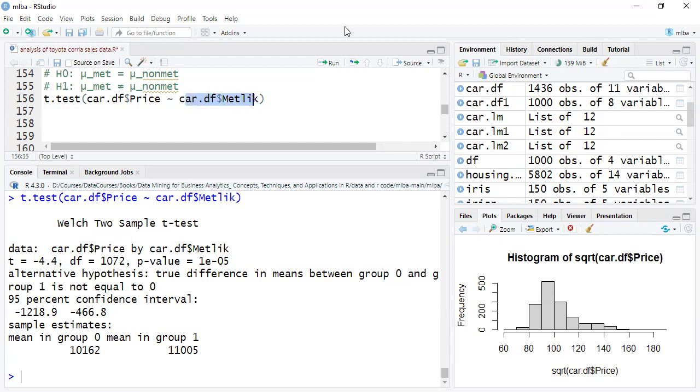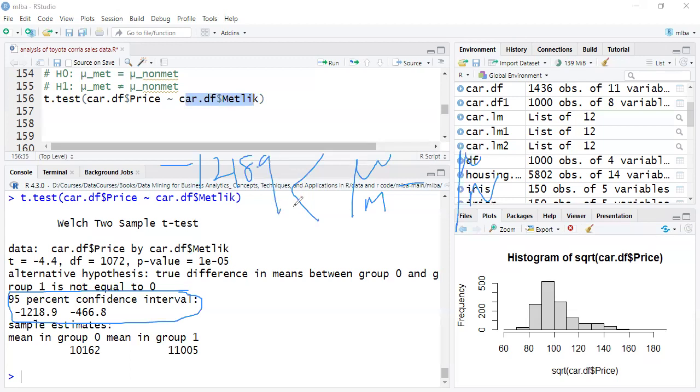One more thing I forgot to mention here is the 95% confidence interval. So all of the inferential needs are covered here. This is the difference of the two means. Metallic car minus non-metallic car has a difference from -1,118.9 up to -466.8.